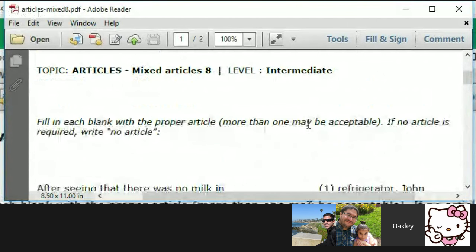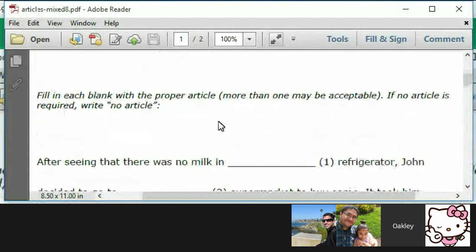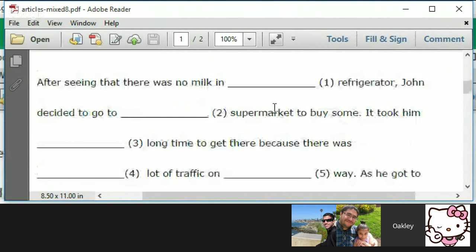You may have 1 or 2 or 3 blanks, whatever. Is it a or an, or is it the, or is it no article? And let's give it a try. Heidi? Little story. After seeing that there was no milk in the refrigerator, John.